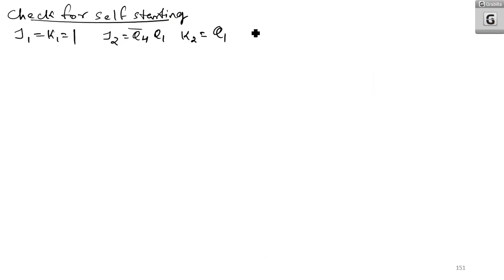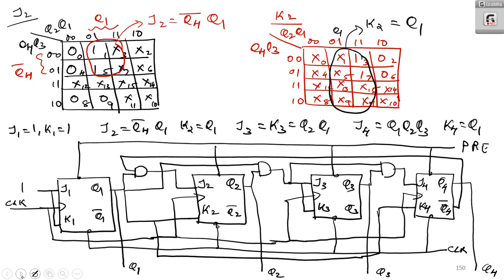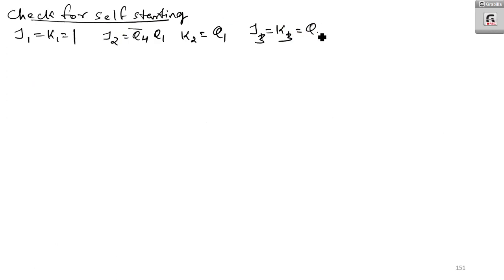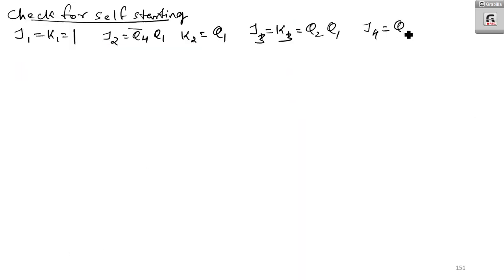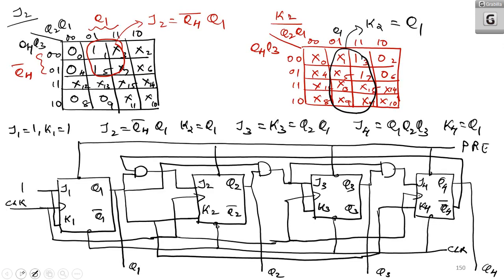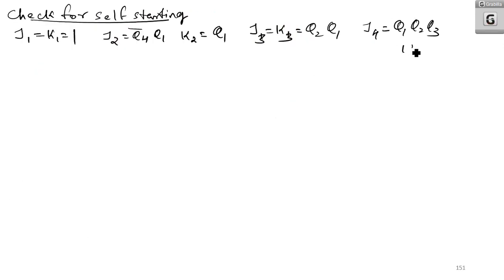J3 is equal to K3, that is equal to Q2 Q1. Now J4 is equal to Q1 Q2 Q3. Now comes K4. K4 is equal to Q1.